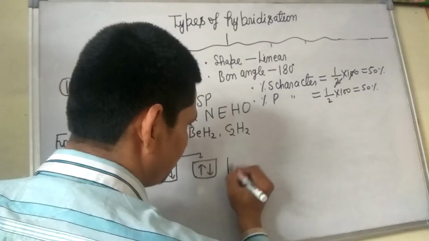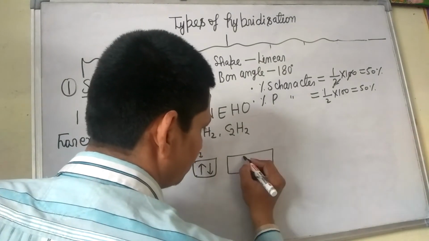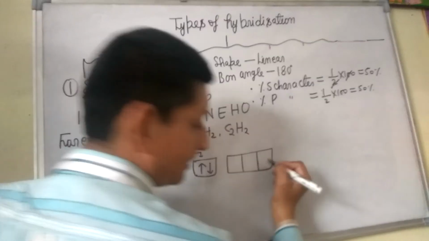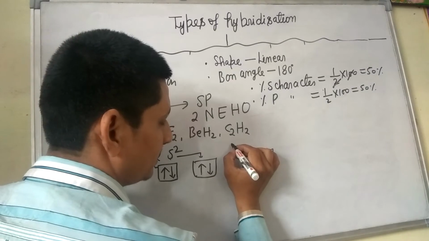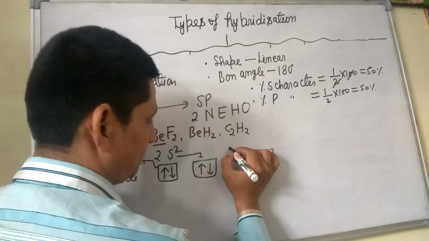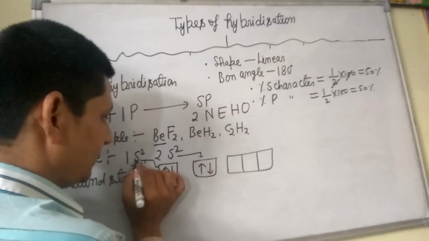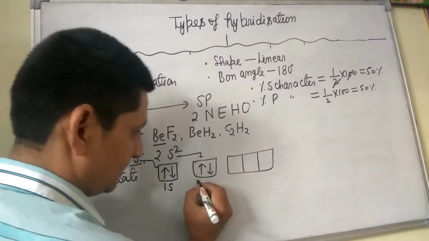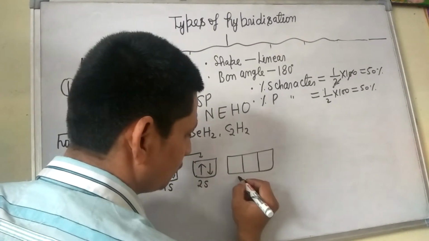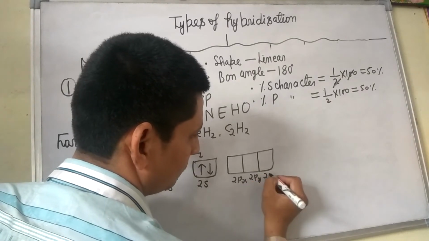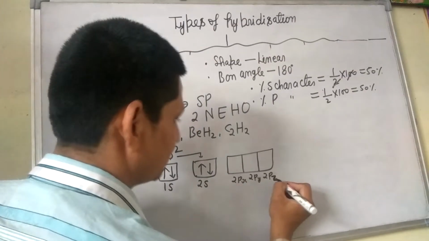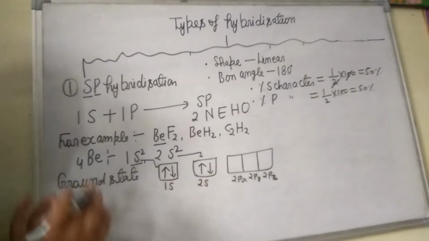And after this 2p. 2p contains 3 orbitals: px, py, pz. Here the 2p orbitals are empty. This is 1s, this is 2s and this is 2p, which we call 2px, 2py, 2pz. So this is called the ground state, meaning lowest energy state.